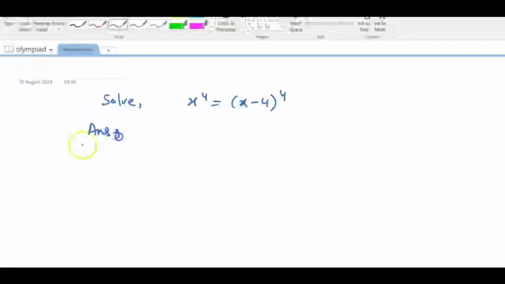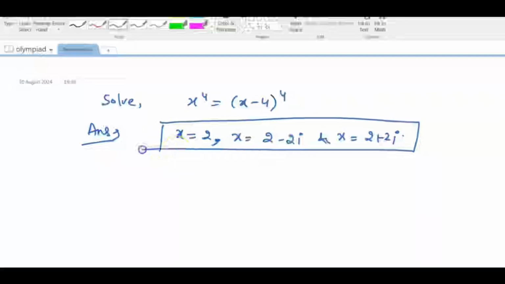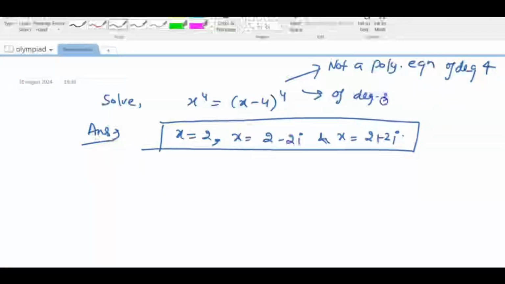The answer is x is equal to 2, x is equal to 2 minus 2 iota, and x is equal to 2 plus 2 iota. And this is not a polynomial equation of degree 4. After expansion, we get that this is a polynomial equation of degree 3. So this is our answer.